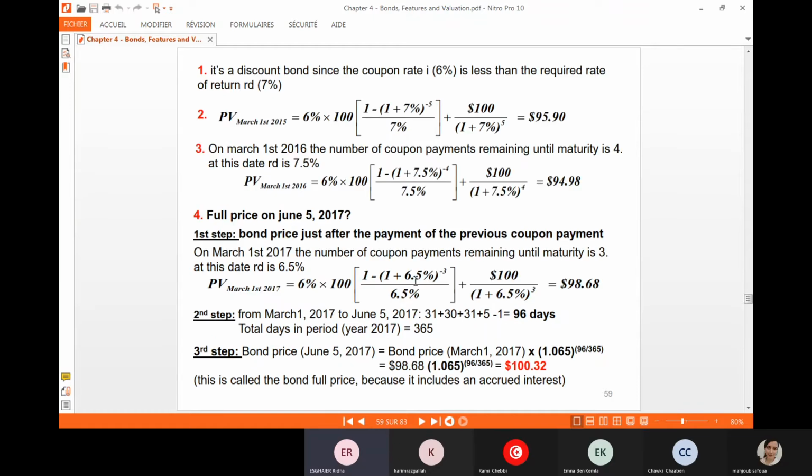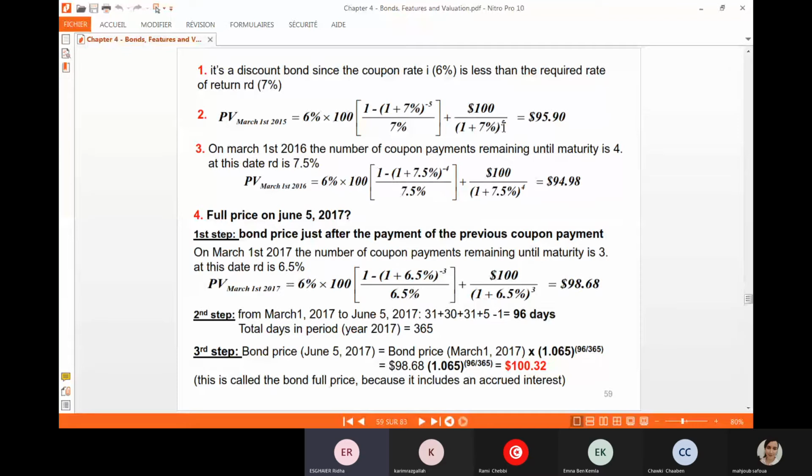The coupon rate is 6% times the par value, you get the annual interest. You have 5 years to maturity. We discount these interests using the required rate of return, which is 7%, and we discount the par value that the bond will pay to the holder 5 years from now.